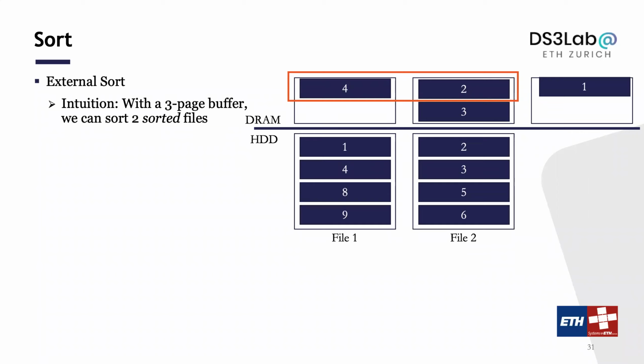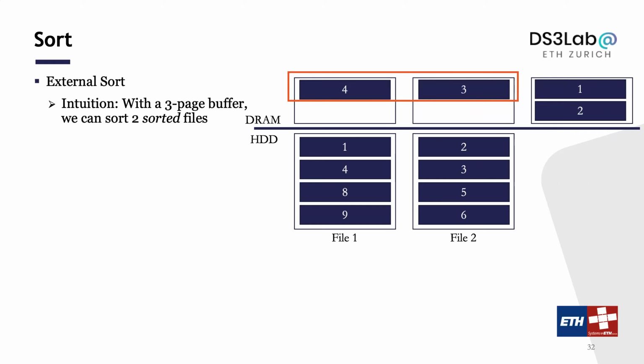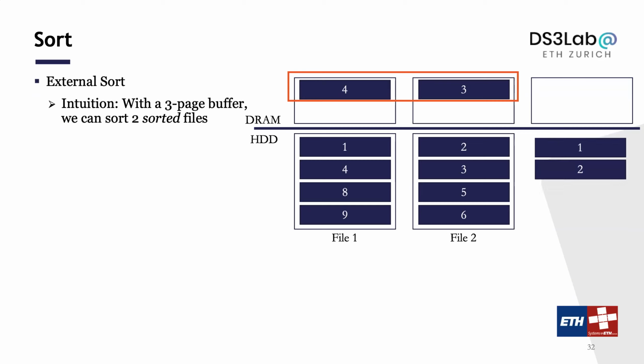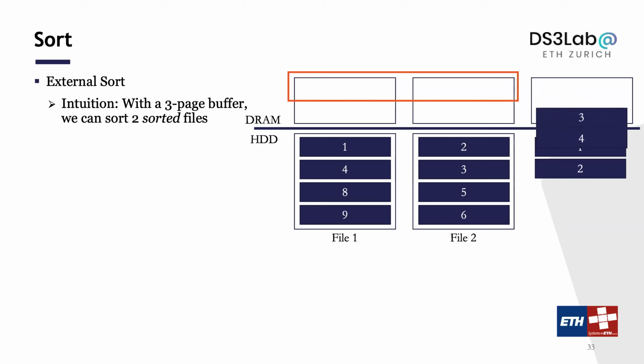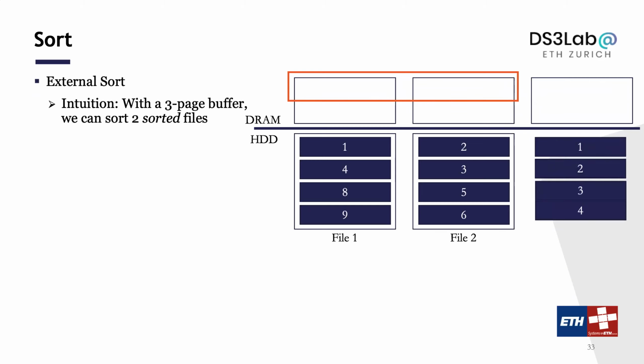Now 2 is the smallest one, so I output 2, I move 3 up, I compare 3 and 4, I output. Now my output buffer is full, so I flush it out to my hard drive. I keep doing this, it's 3, it's 4, and then my output buffer is full, and I flush it out.